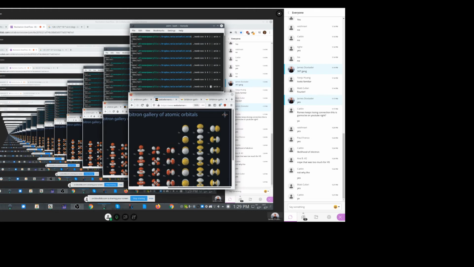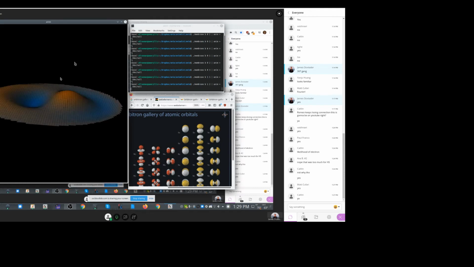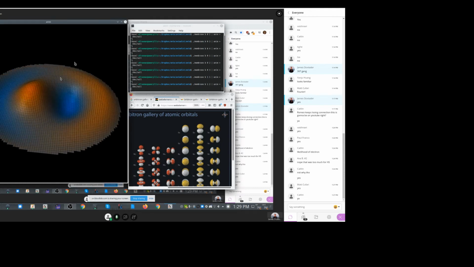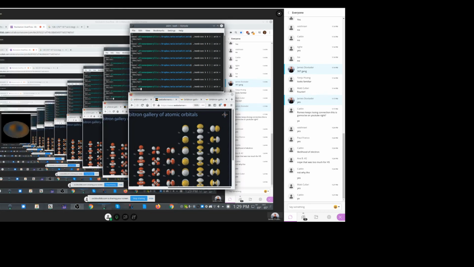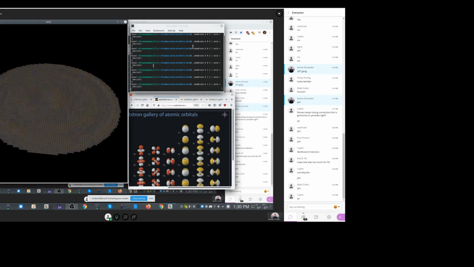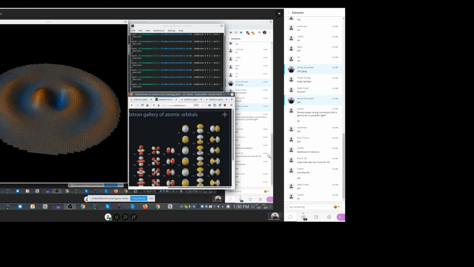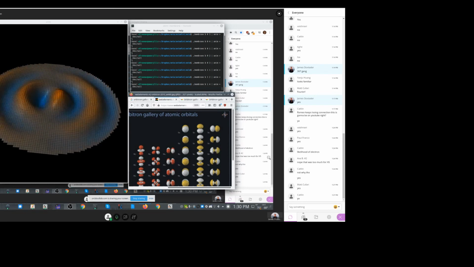That's also a stationary state on the vibrating drumhead. So this is 3p. I can go to 4p, which is, again, this funny one here. Notice how the vibration pattern you're seeing on the drumhead looks a lot like that.